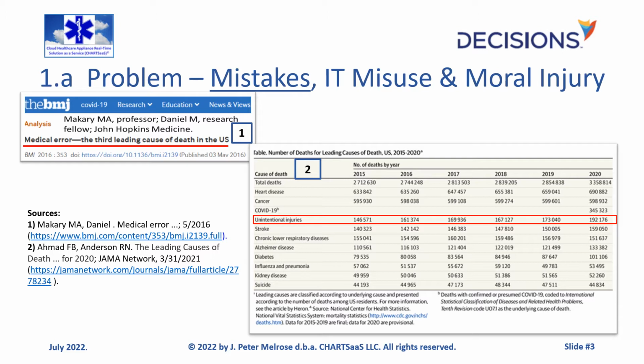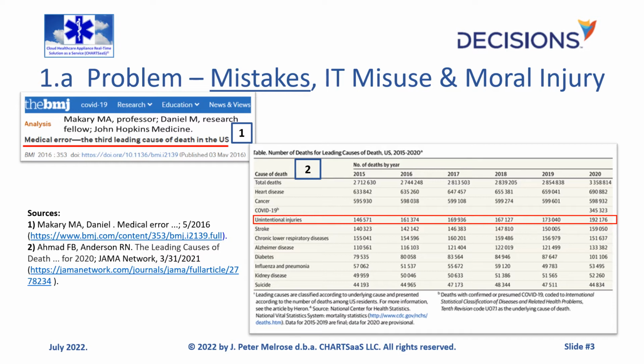Almost 2 decades later, in May of 2016, McCary and Daniel of Johns Hopkins Medicine reported, per graphic numbered 1 on the slide, that at least 251,000 U.S. patients die annually because of medical mistakes. Other similar studies during the intervening years have estimated preventable patient deaths at from 220,000 to 440,000 domestically and 4.8 million globally.